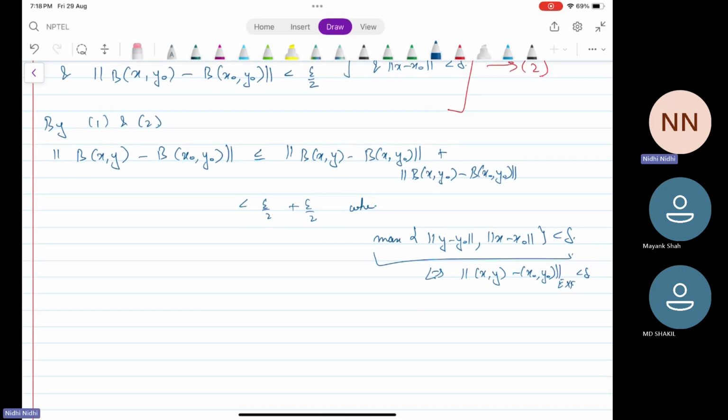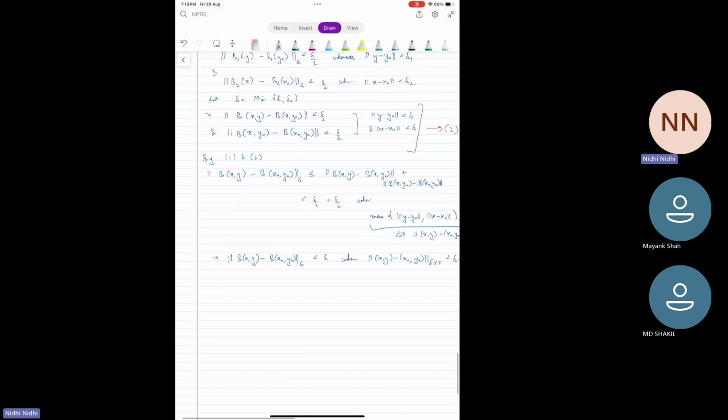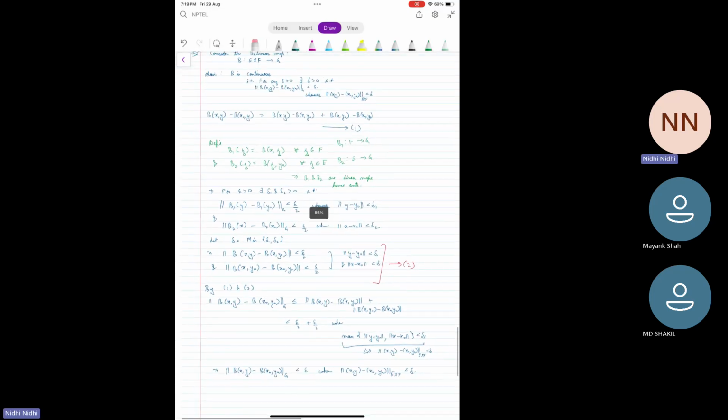So from here we'll get the norm in G of B(x,y) minus B(x naught, y naught) strictly less than epsilon whenever (x,y) minus (x naught, y naught) is less than delta. Therefore, our bilinear map is continuous.